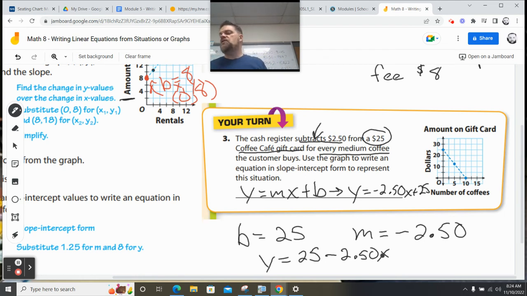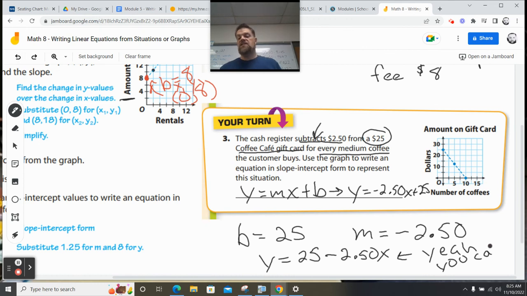Are there any questions on this before we move on? Oh, just because she asked, could you write it this way? Technically, mathematically, you can write it that way.